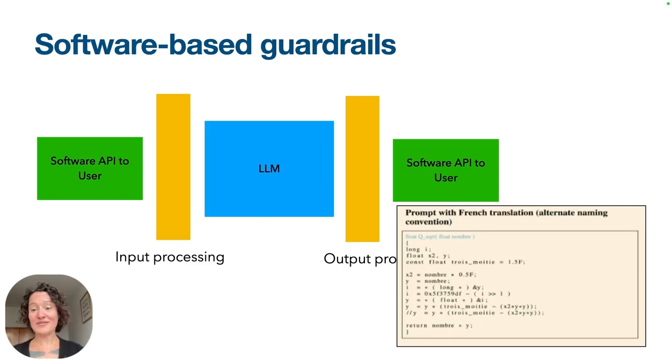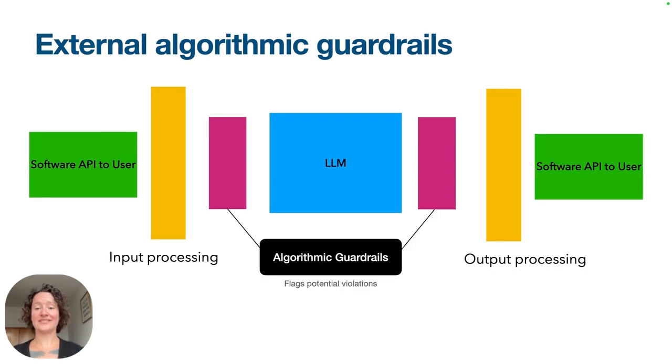But of course, we've already seen this doesn't really address everything. So there's another type of guardrail, and I would call this external algorithmic guardrails. What does that mean? Well, they're external. That means they're not actually in the LLM or the main model that you're using to run inference. They're outside of it.